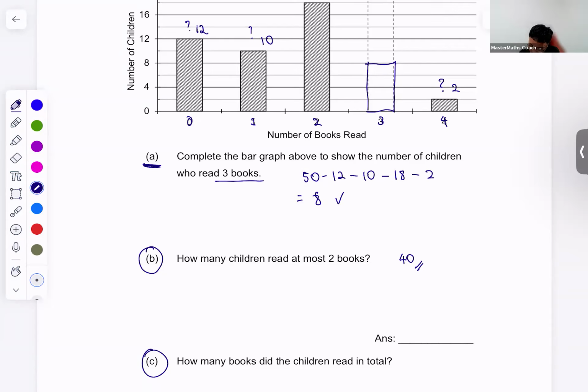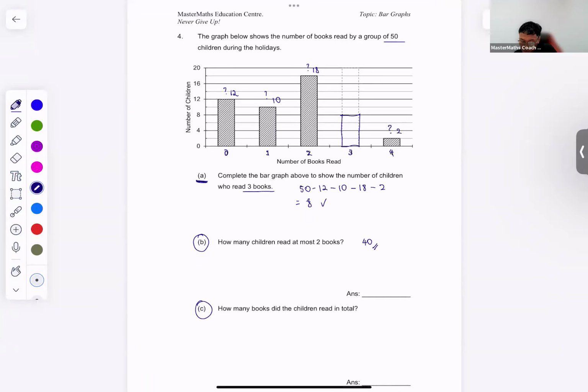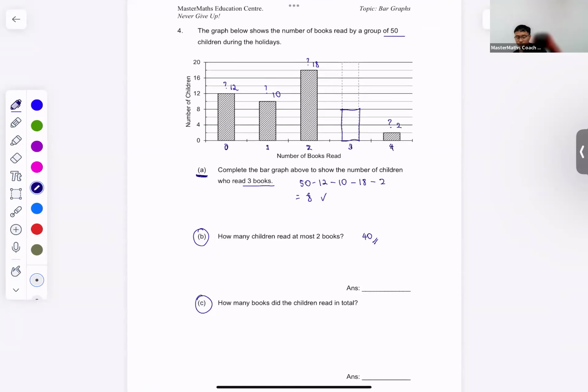Okay, I'm just going to go through how to get 40. How many children read at most two books? Okay, you can see the graph. So we have to find out the number of children who read two or less books. Look at 0, we have 12 here. At 1, we have 10. At 2 books, we have 18. So we have to plus these three together. 12 plus 10 plus 18.